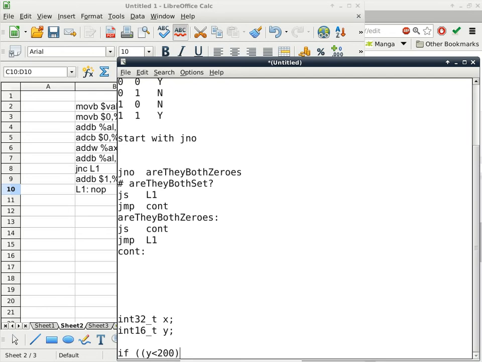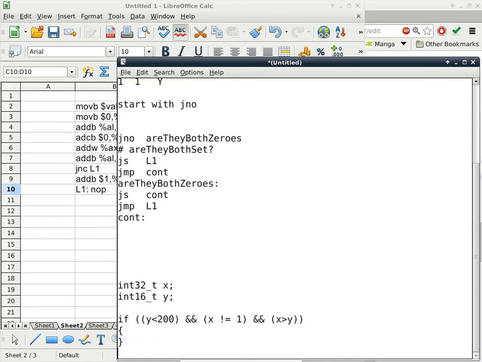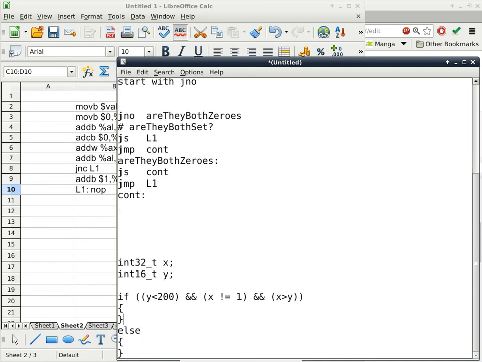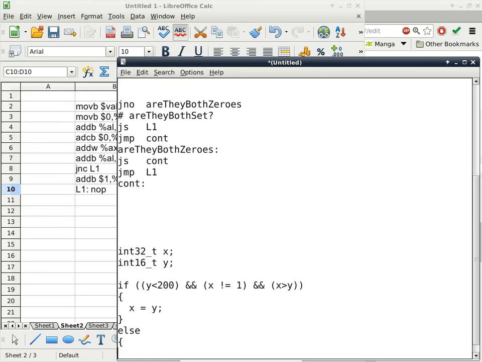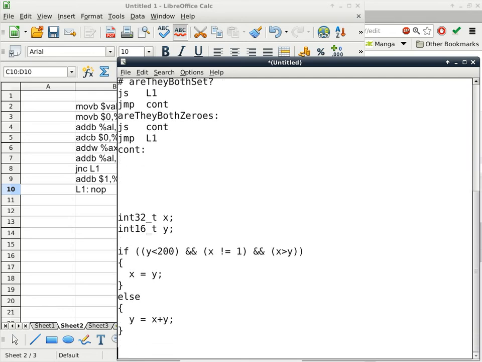In this case, I have to check y is less than 200 first, and then we check x is not 1. And last, we check x is greater than y. Then we have the instruction here, x gets y. And over here we have y gets x plus y. So this is the version that I'm getting.